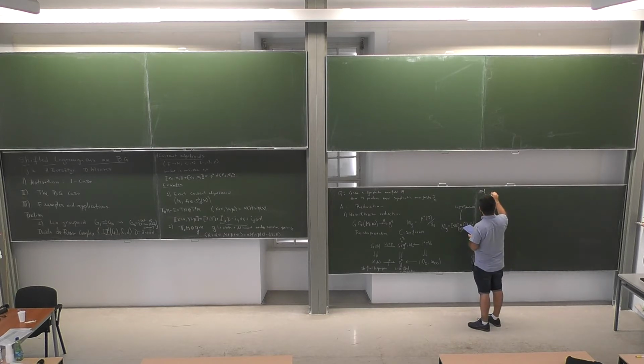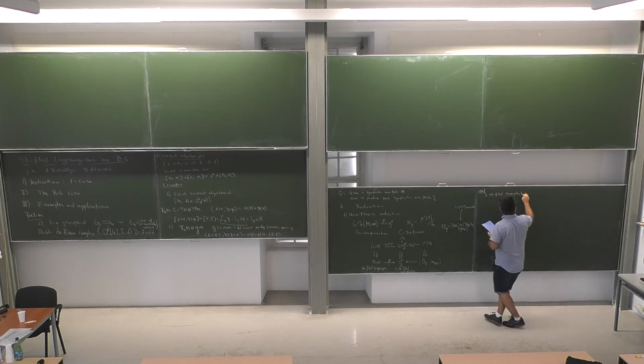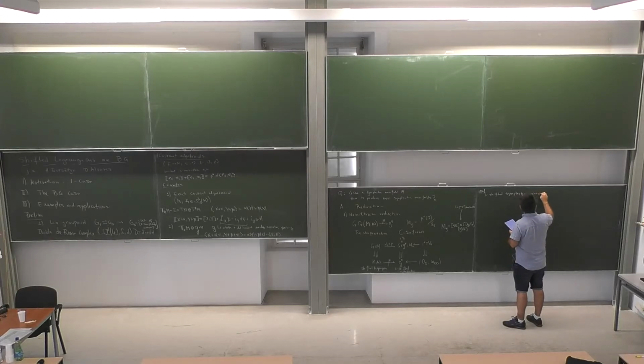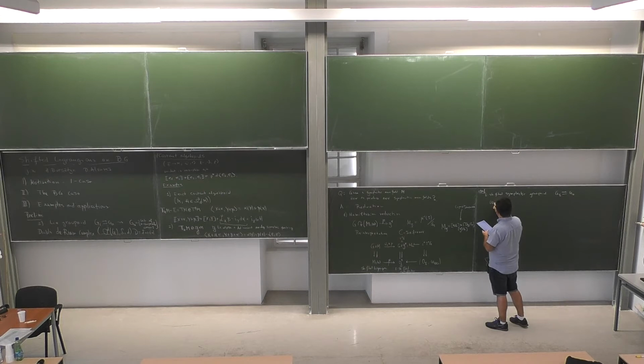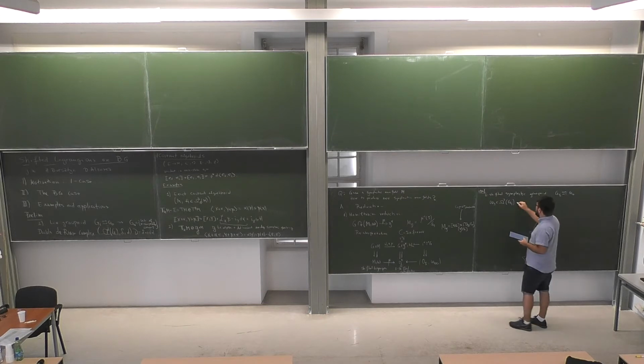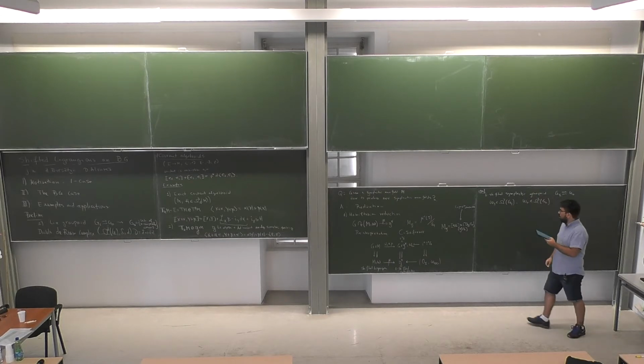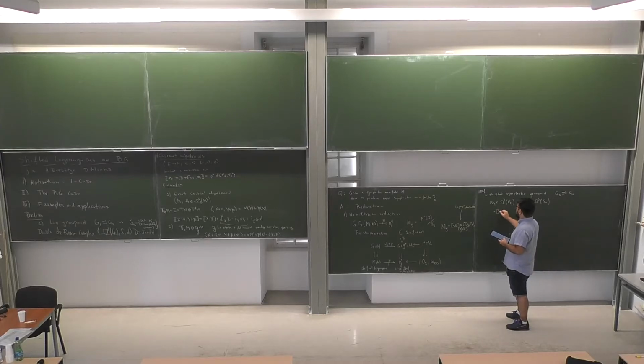So a one-shifted symplectic groupoid is just a Lie groupoid, and now I have a 2 form in level 1, in the arrows of the groupoid, and I have a 3 form in the objects of my groupoid, and they satisfy that they are closed for the total differential, that is the one that I explained over there.